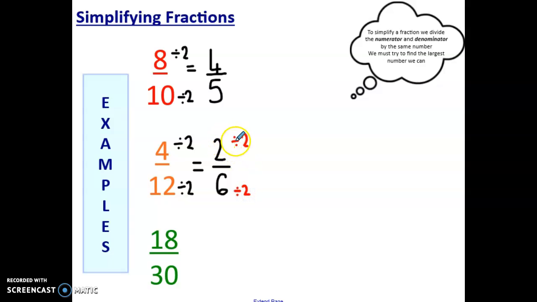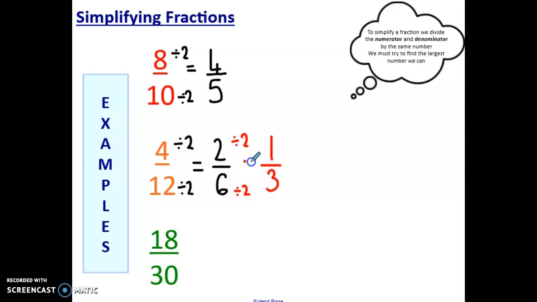What is 2 divided by 2? Yes, 2 divided by 2 is 1. What is 6 divided by 2? Correct. 6 divided by 2 is 3.